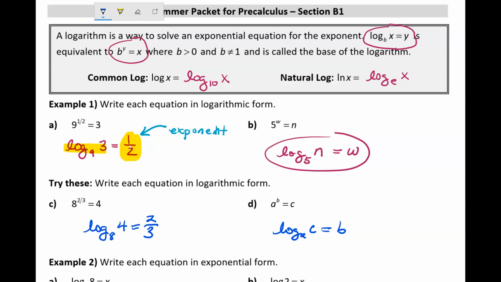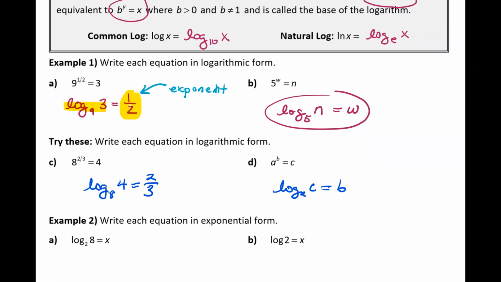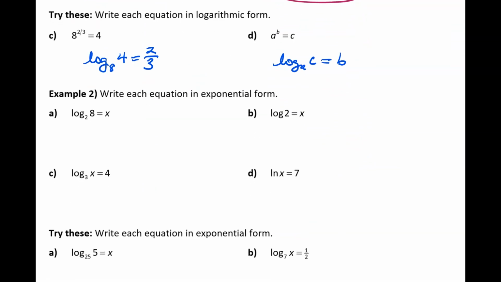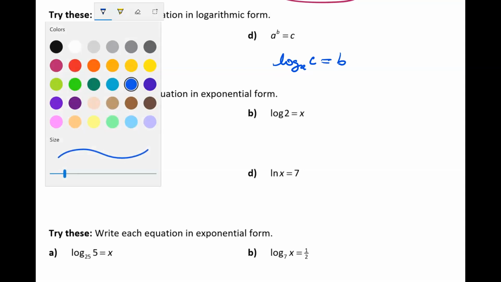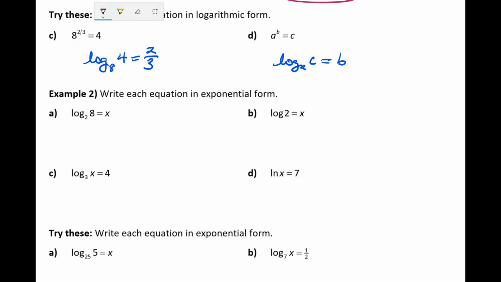All right, let's move on now, and let's do this in the opposite way. We're going to take each logarithmic equation, and we're going to write it in exponential form. When we write it in exponential form, you will not have the word log in there. All right, so in exponential form, we'll just have a number that's raised to an exponent equals a result. So the first thing that you need to ask yourself is, what is the base?